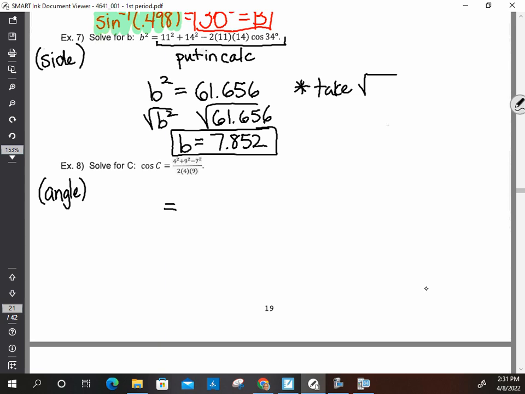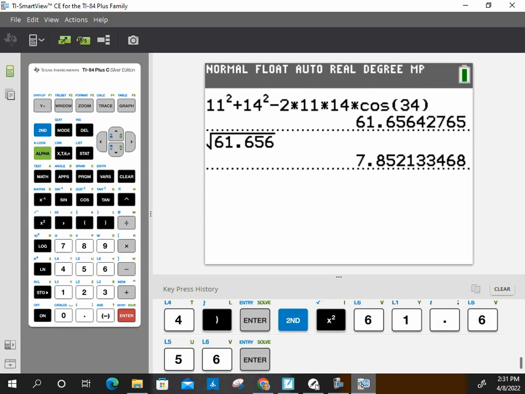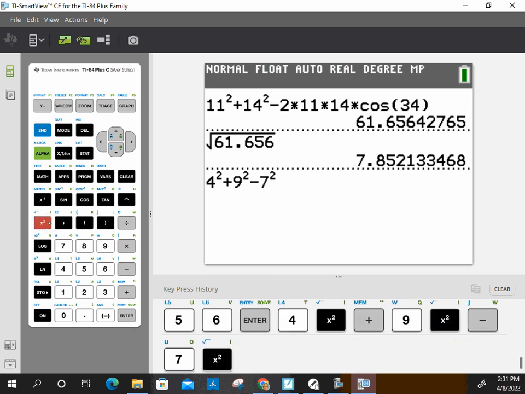So if you work out the top, 4 squared plus 9 squared minus 7 squared, put the numerator in the calculator. So 4 squared plus 9 squared minus 7 squared, get 48.